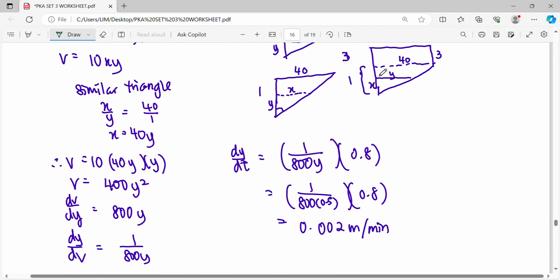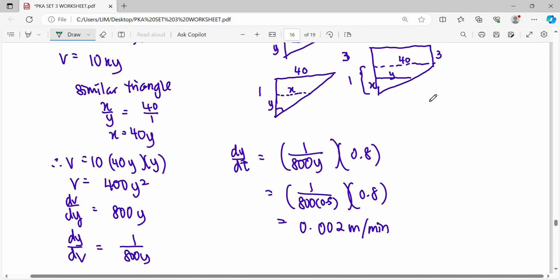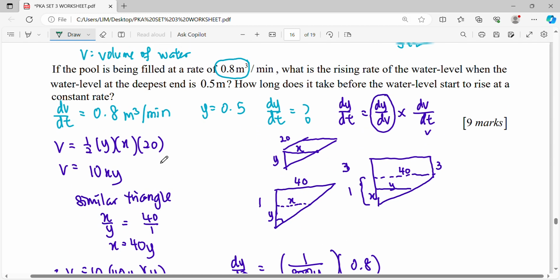How much is the volume here? How much is the volume when it is constant? When your x equals 1, and then y equals 40. So what's your volume? And then find out what's your time.